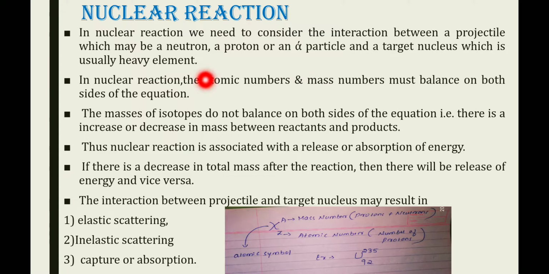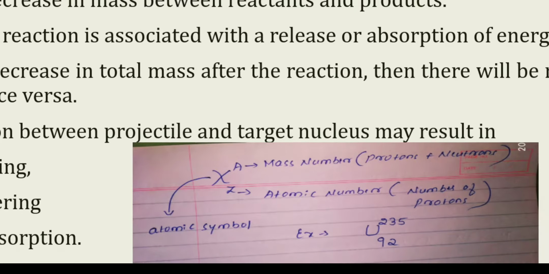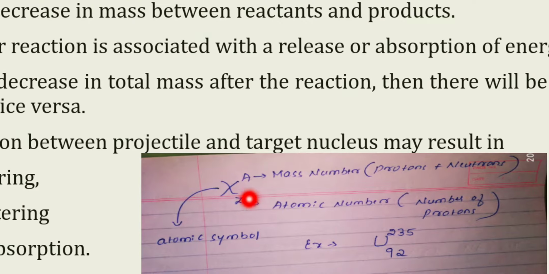Then what is the meaning of atomic number? See how it's shown here. The Z represents the atomic number, and this is nothing but the number of protons. One example I have considered here is uranium 235 92. The 92 represents the atomic number, which is only the number of protons.